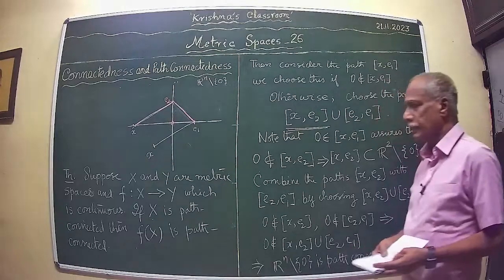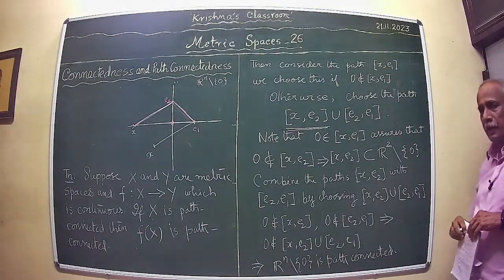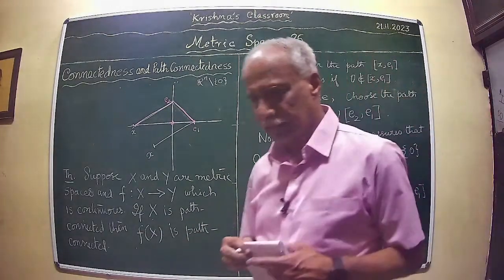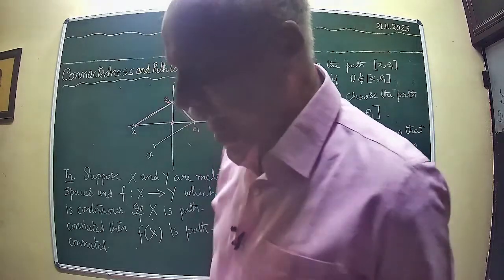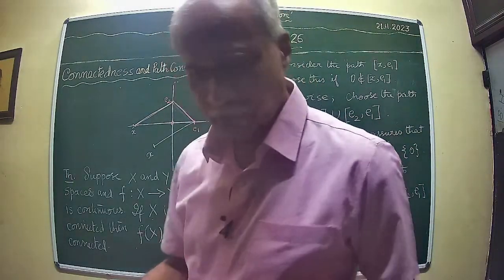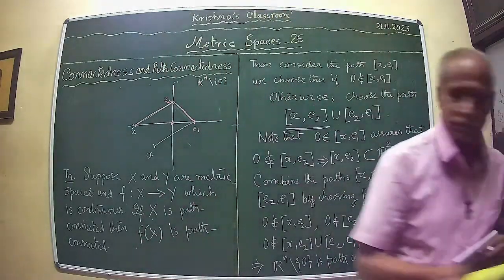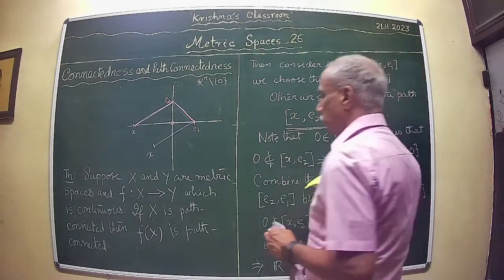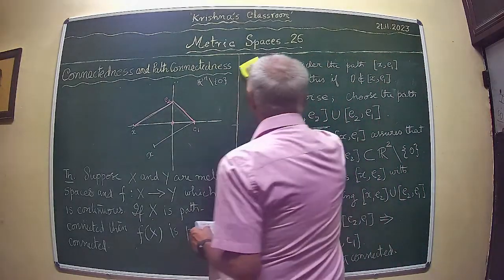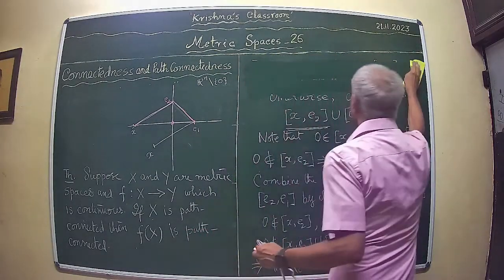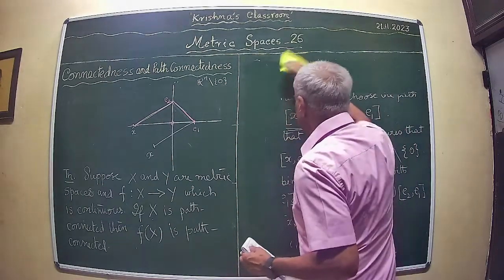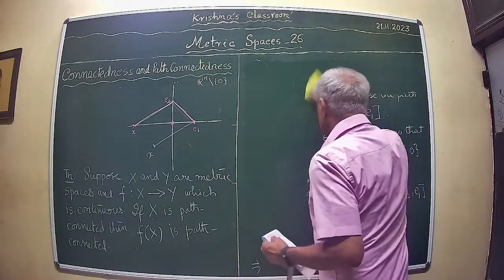So a path connected space is mapped onto a path connected space by a continuous mapping. That's the moral of the story. So let us work on that. It's quite easy. This is a very simple thing.